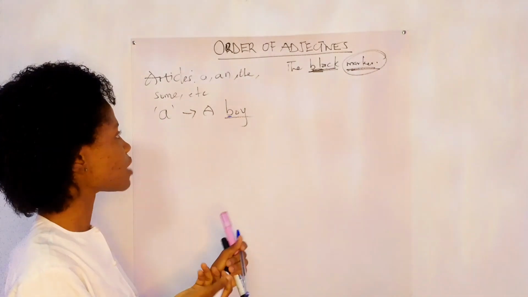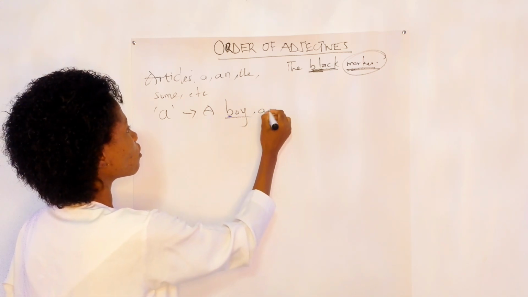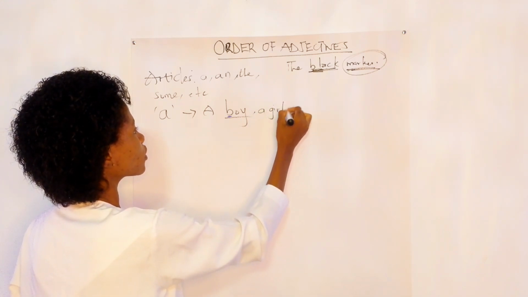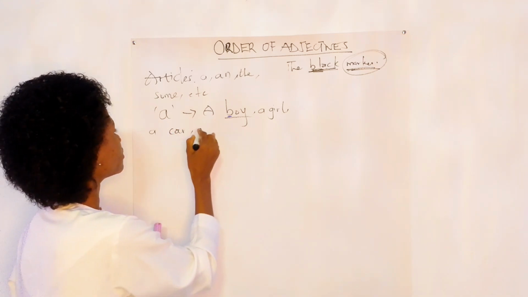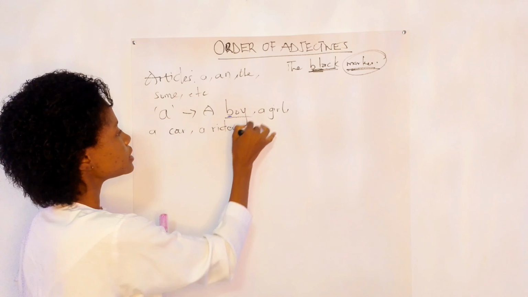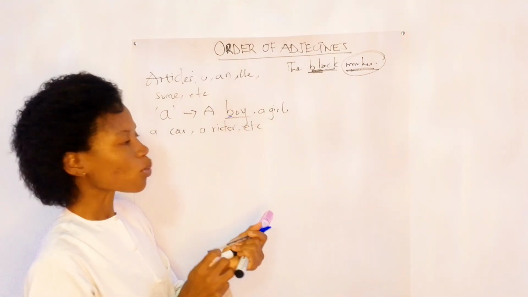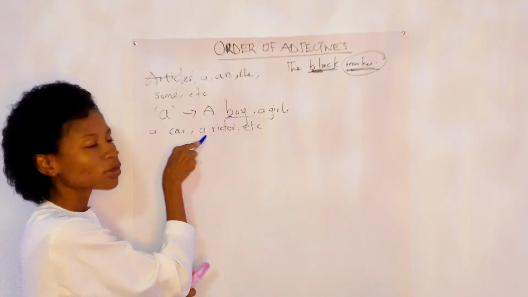So let's go for more examples. A boy, a girl, a car, a rider, etc. You realize that in all the examples we've given, the beginning letter is a consonant.